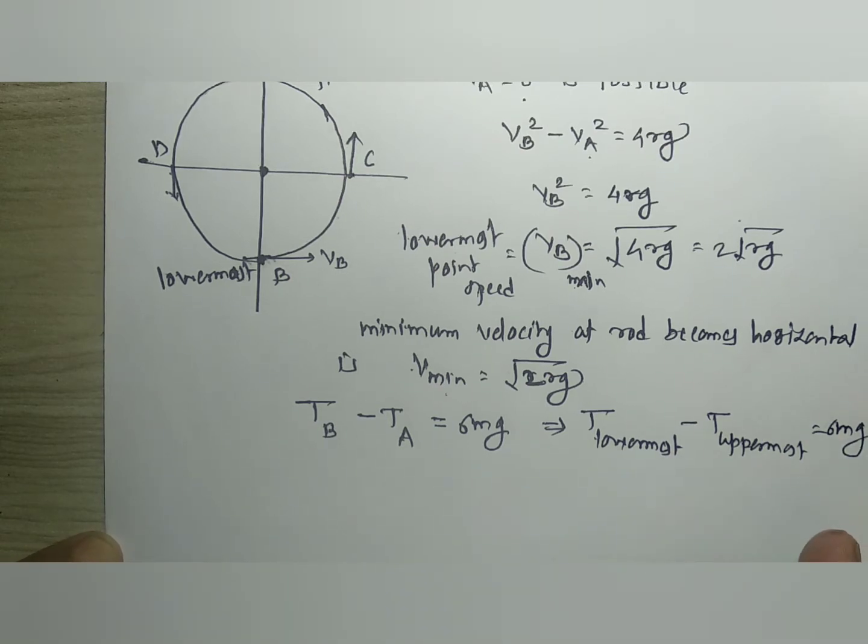Those are the considerations related to mass tied to the rod, and it is a vertical circular motion under gravity.